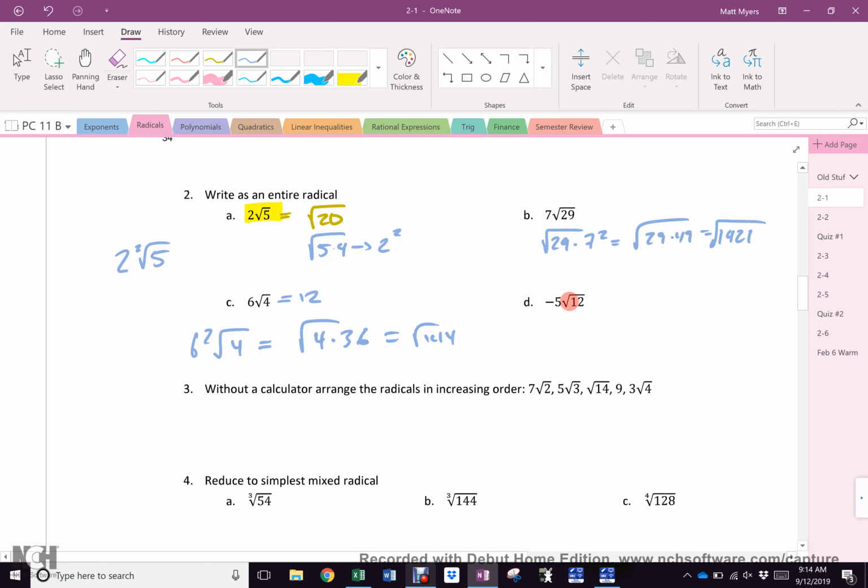What's the answer? This is where I find out who's thinking mathematically and who's just following steps.